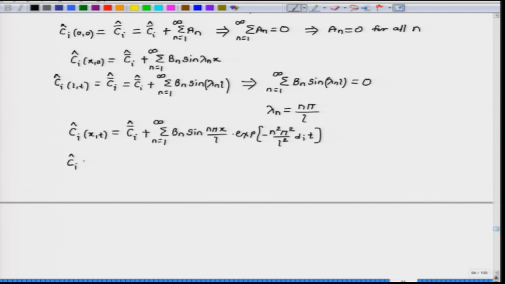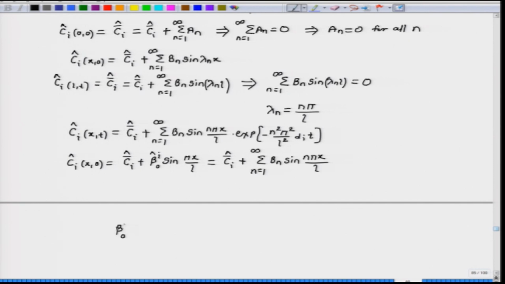Again, if I write at t equal to 0, this should be equal to C_i bar cap plus beta 0 I cap sin pi x by L, which is from the initial condition, and this should be equal to C_i bar cap plus sigma n equal to 1 to infinity B n sin n pi x by L. So, this C_i bar cap will get cancelled.